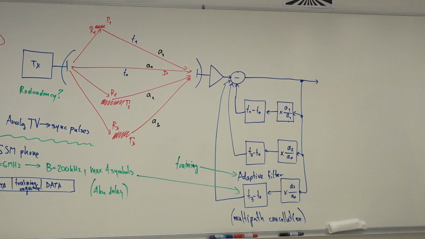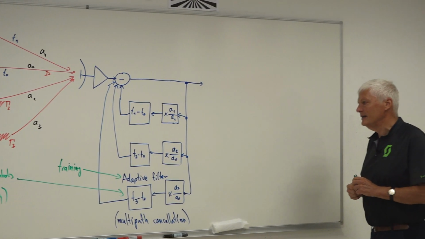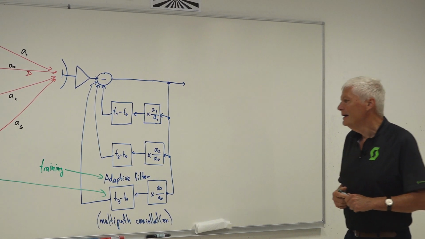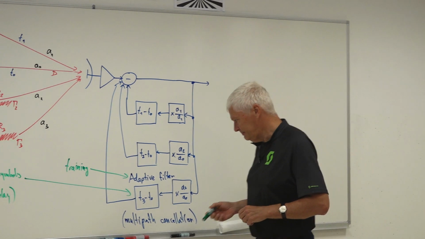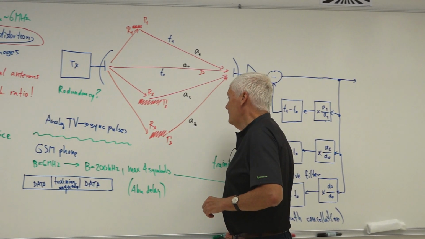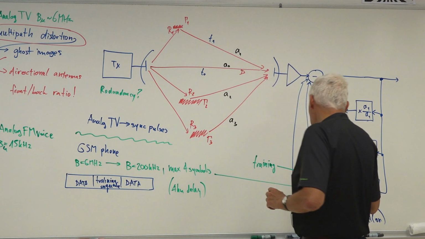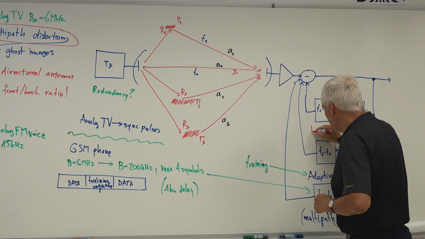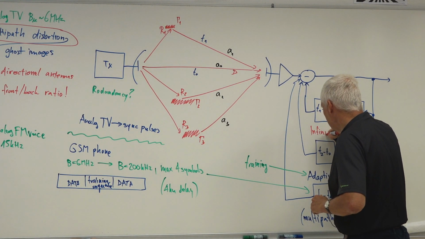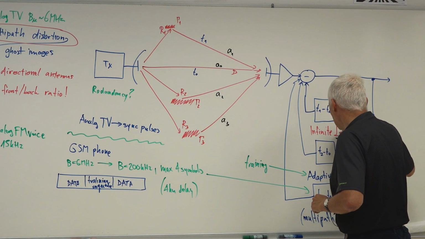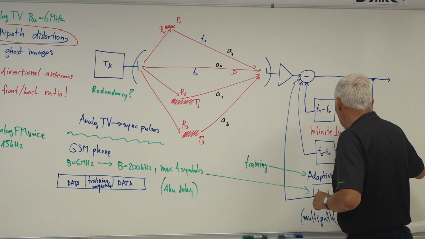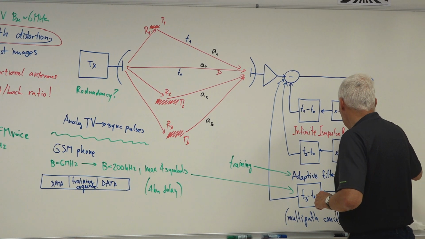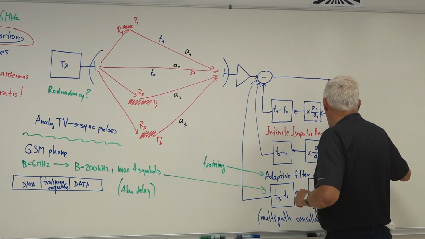This is not the only problem with these adaptive filters, multipath cancellation filters. There is yet another problem. Maybe it is easier to explain this problem that this is an infinite impulse response, or IIR filter.